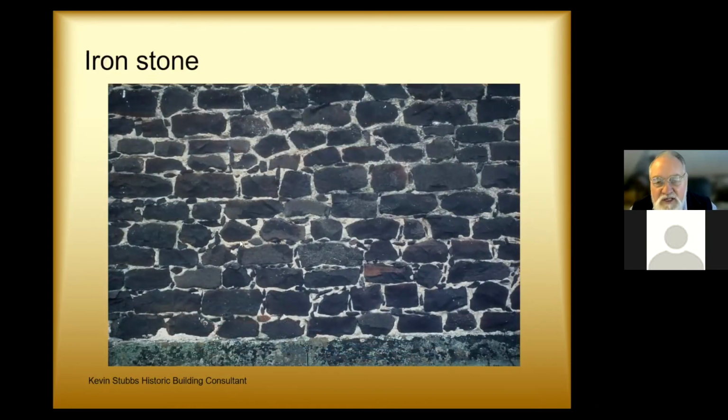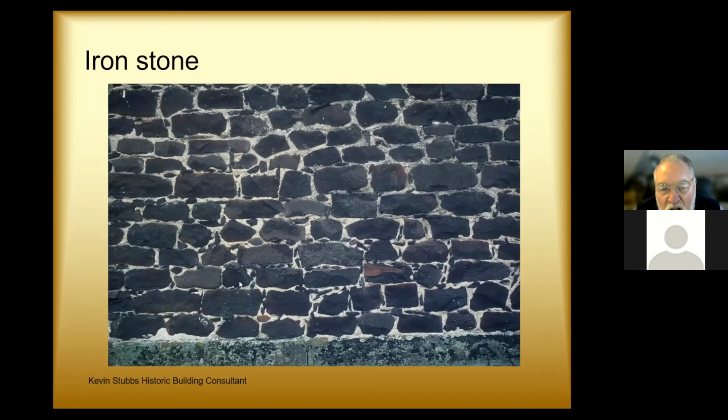In other areas, we've got sedimentary materials that are basically sandstones, and they might have other impurities within them. In certain areas on the Hampshire, Sussex, Surrey border, we've got quite a lot of these very hard ironstones, iron-rich sandstones, and they're very difficult to dress.